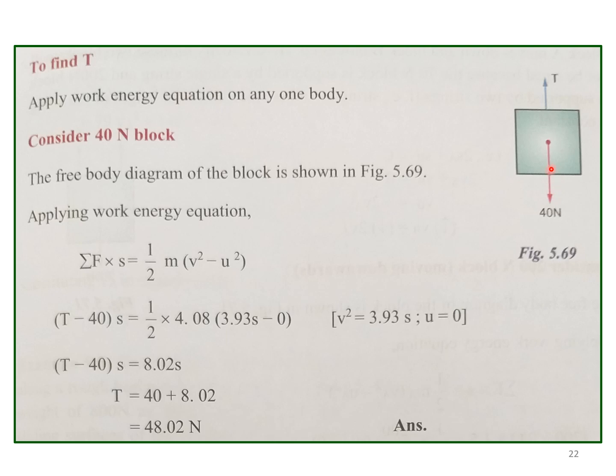It will be plus T, because this block is moving upwards, so T is taken as positive and the 40 is taken in the negative direction. So (T minus 40) into S, the distance, is equal to half mv square minus half mu square, where U is equal to 0. From this we get the tension in the string as 48.02 Newton.